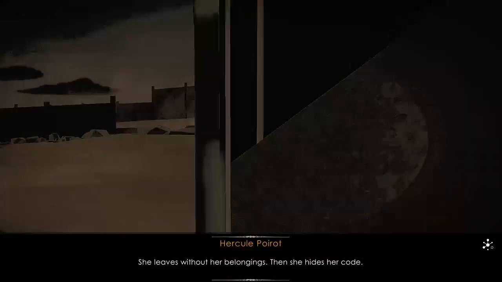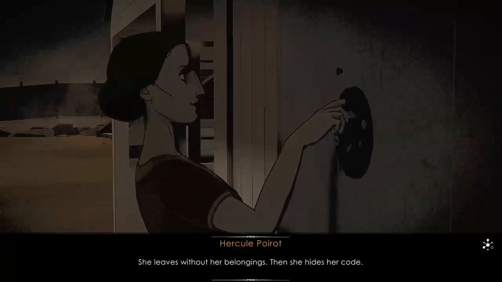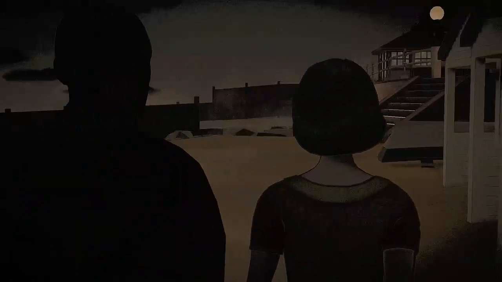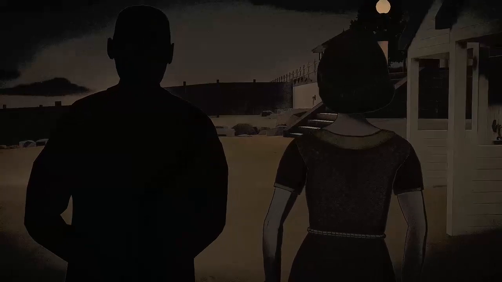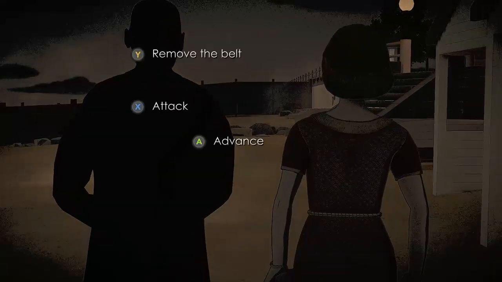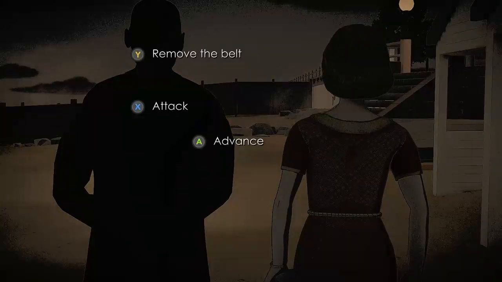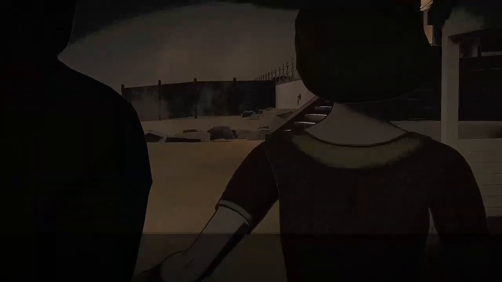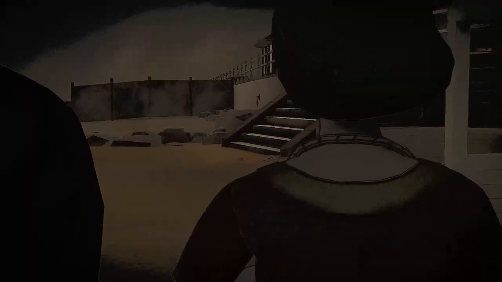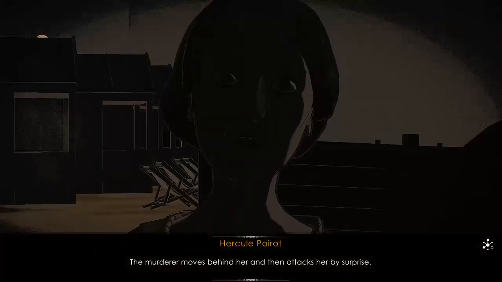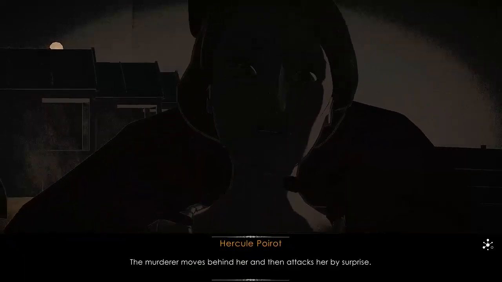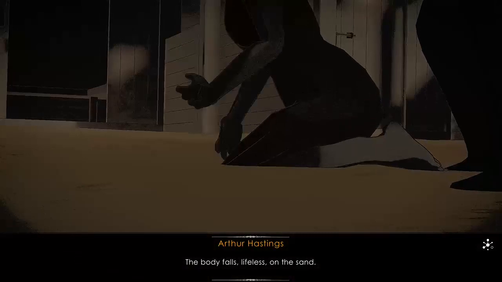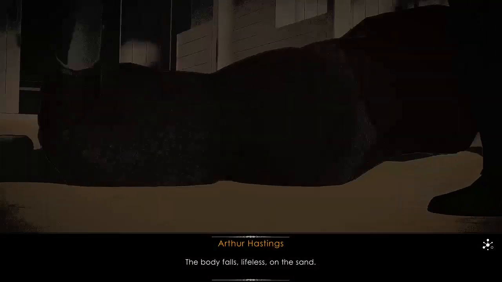She leaves without her belongings. They keep walking. Then she removes her belt. The murderer moves behind her and then attacks her by surprise. The body falls, lifeless, on the sand.